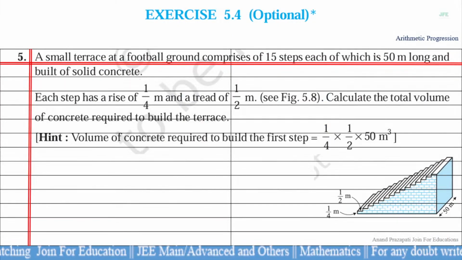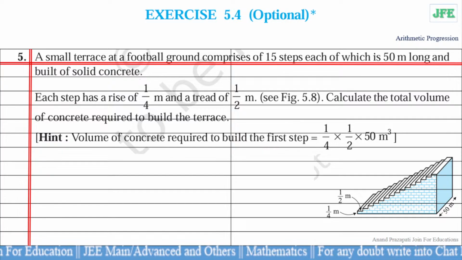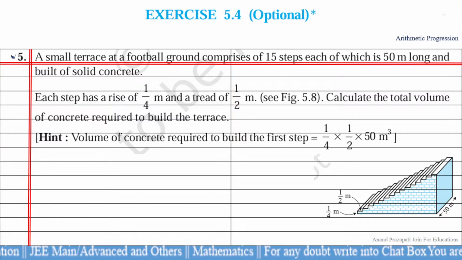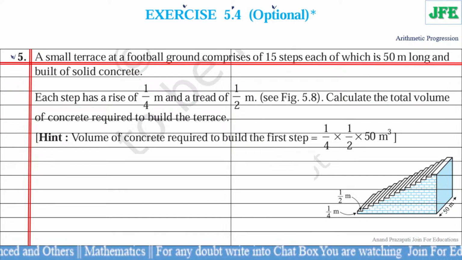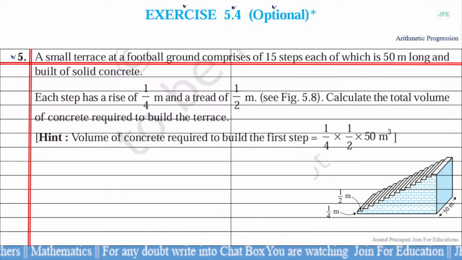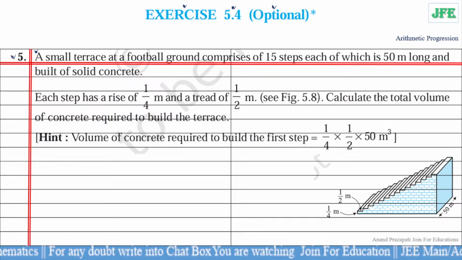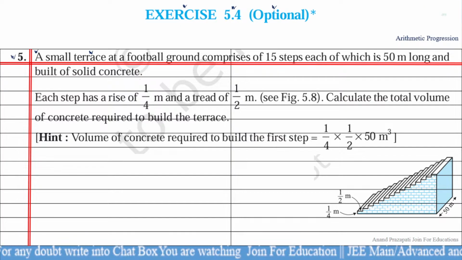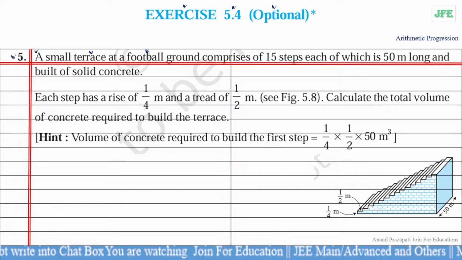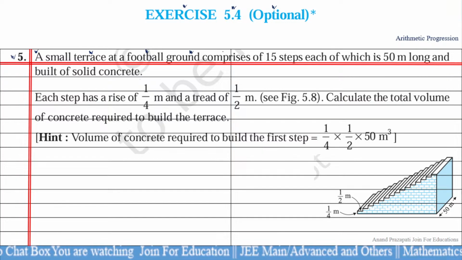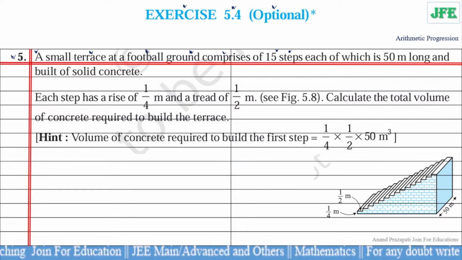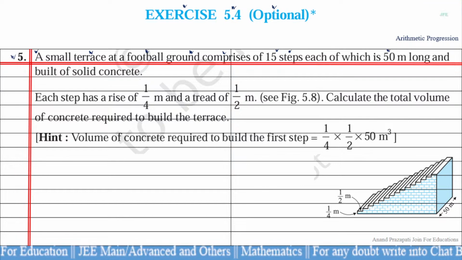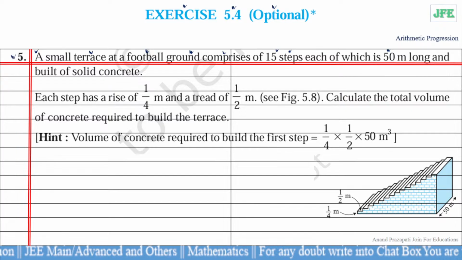Let's see question number 5, the last question of optional exercise 5.4. In this question, it asks us: a small terrace of a football ground comprises 15 steps, each of which is 50 meter long and built of solid concrete.